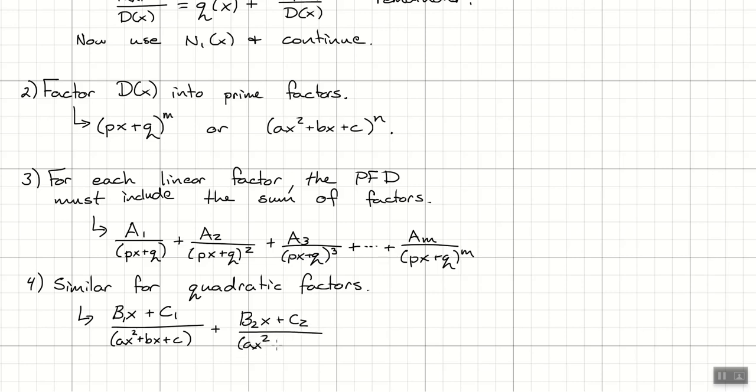But this time, it's the second time that I'm using it. What power should I have? 2. Plus however many more I need to skip until I get to the nth and final factor of this form. B sub n x plus c sub n over this mess, ax squared plus bx plus c to the nth power.